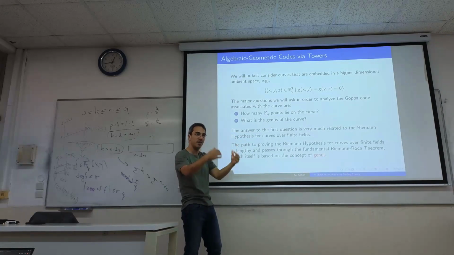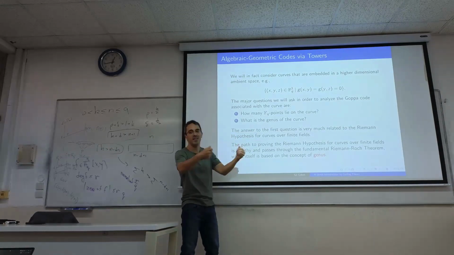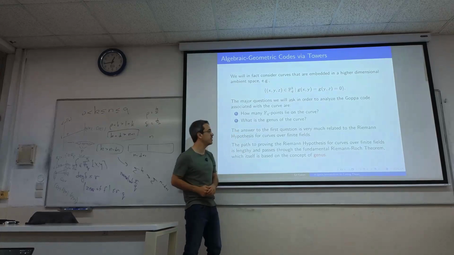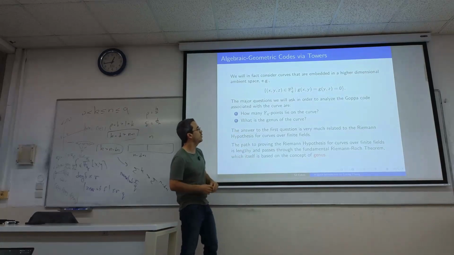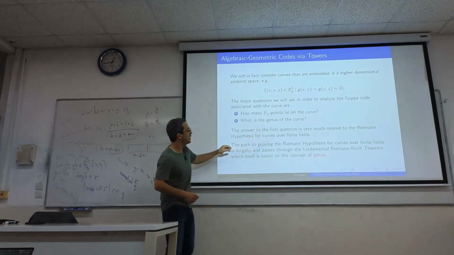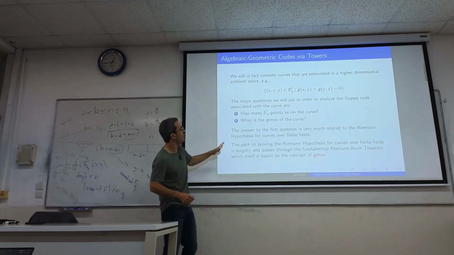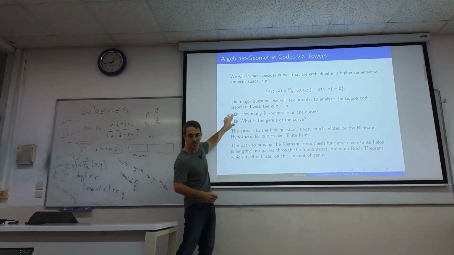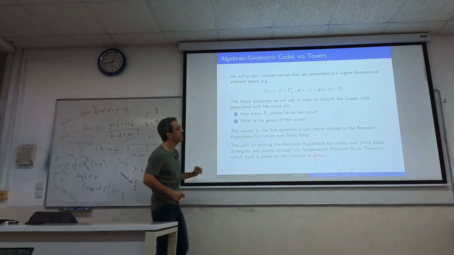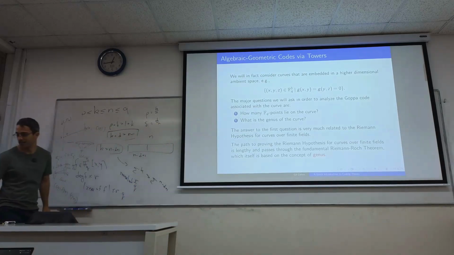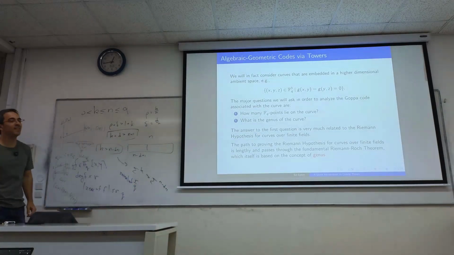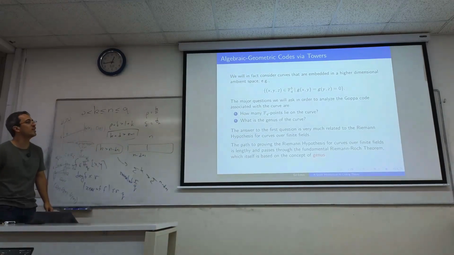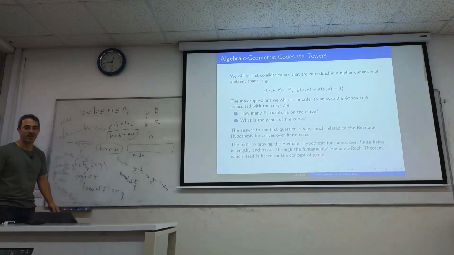There is going to be a theorem telling you that there exists a constant that is invariant. It's a property of the curve, and that's going to be the genus. So we really have to prove the Riemann-Roch theorem even just to answer that. These are very big questions, and that's kind of amazing: to understand the rate and distance of a code, you have to do so much.